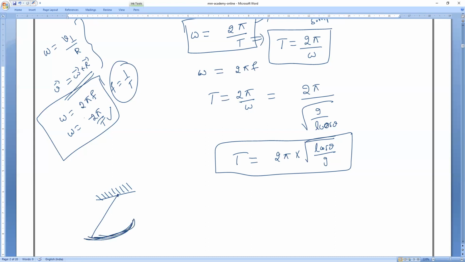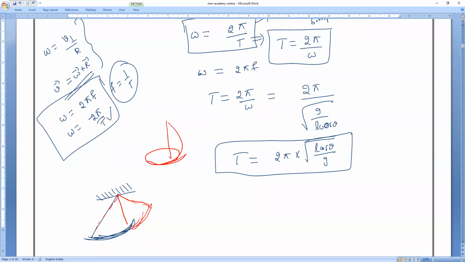Have you all understood? But here, it is making a circular motion with the angle theta.